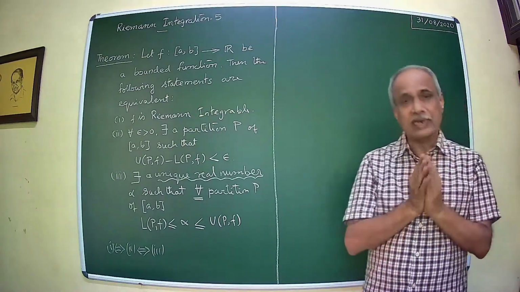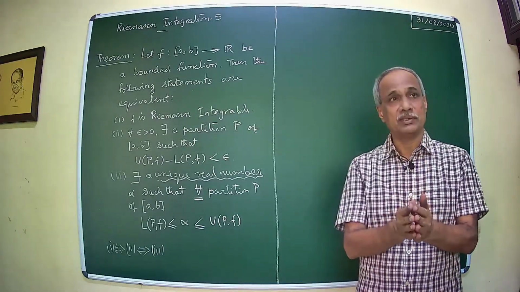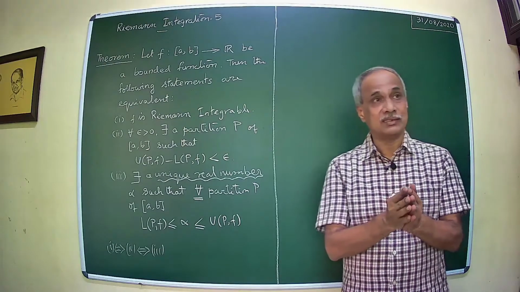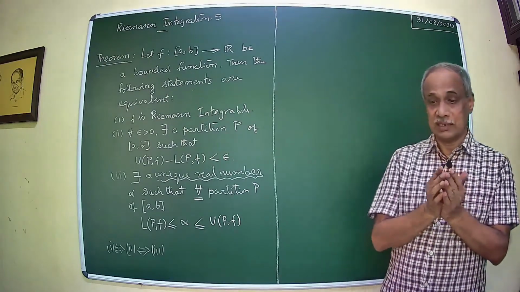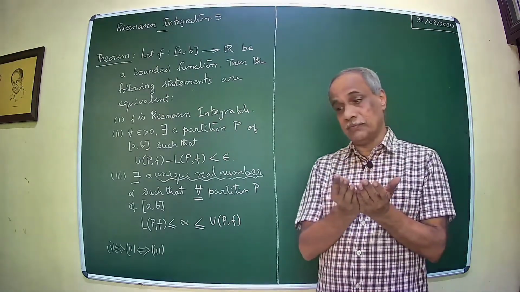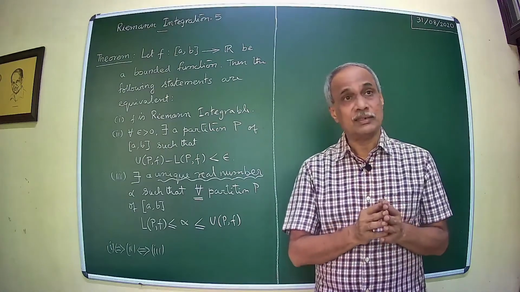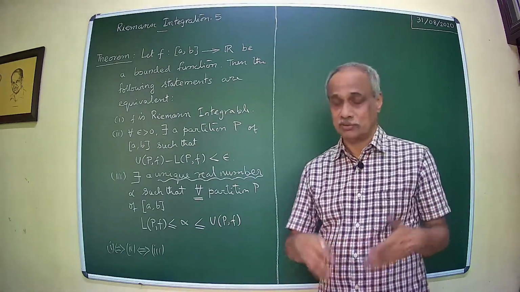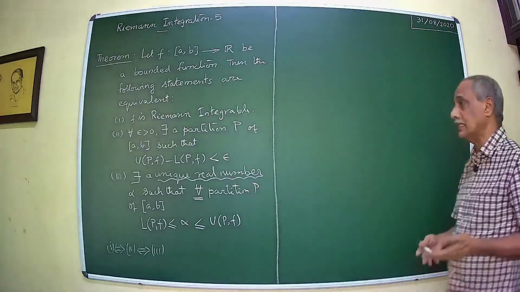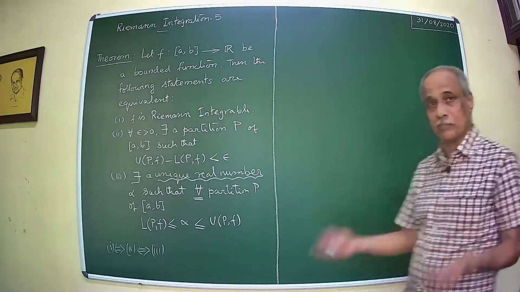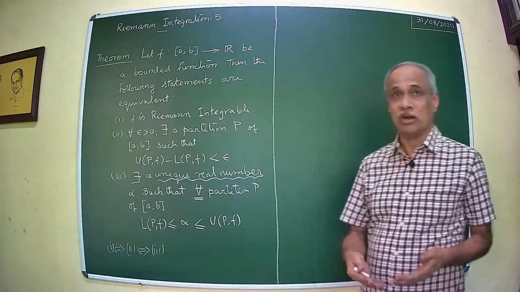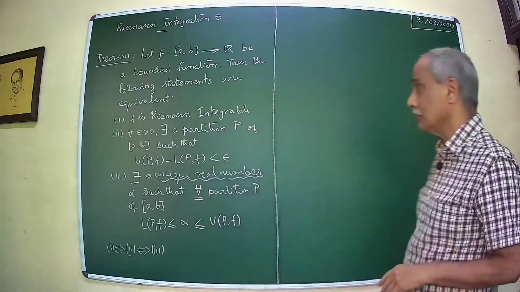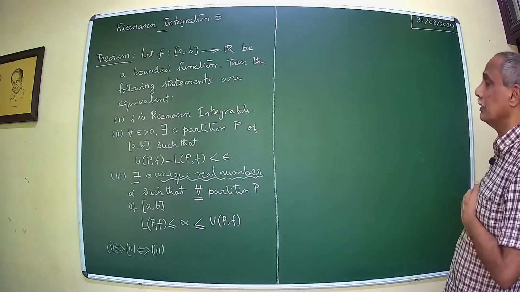And you have to learn the art of proving theorems, the art of speculating results, and then possibly working out a proof of it. So that is the important part of creative mathematics. You are all getting trained for this particular purpose. Therefore, it is not merely storing some facts in your mind about Riemann integrability.